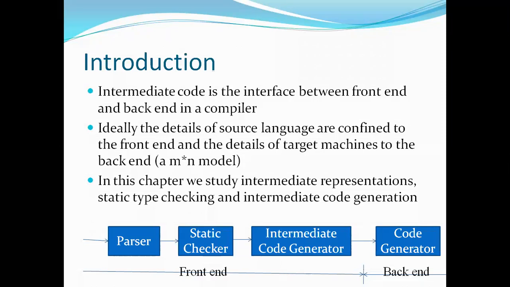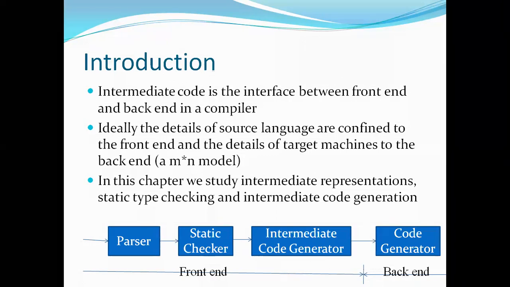The intermediate code generator is the fourth phase of the compiler. This intermediate code is the interface between the front end and the back end in a compiler. As we already learned in the first unit, we have two parts: the analysis part and the synthesis part, right?